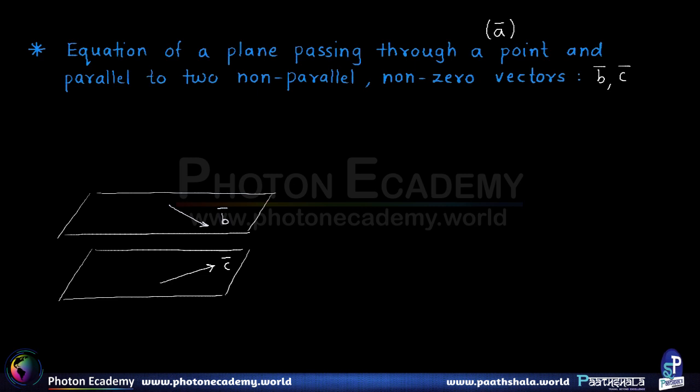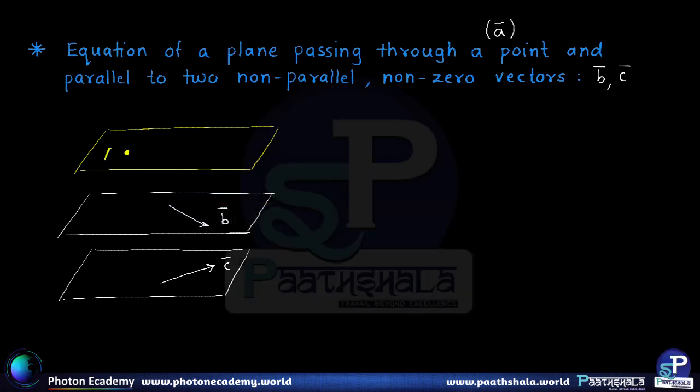And our required plane might be yet another parallel plane passing through the given point, the position vector a bar.